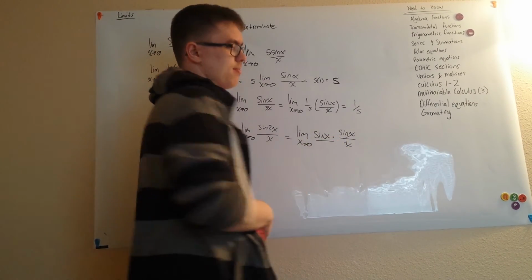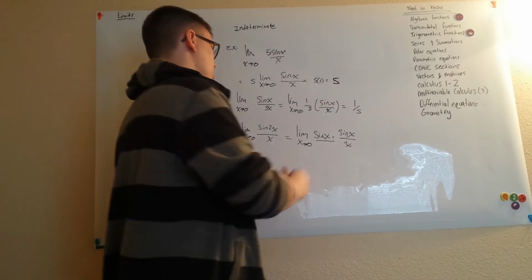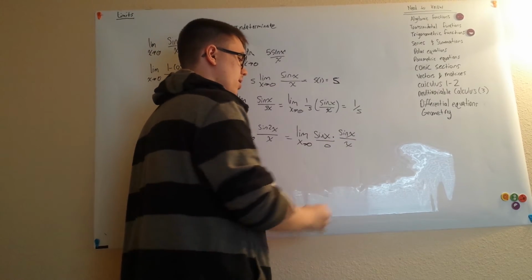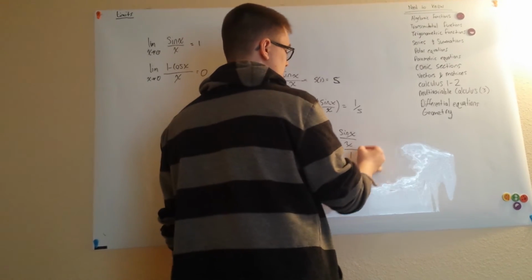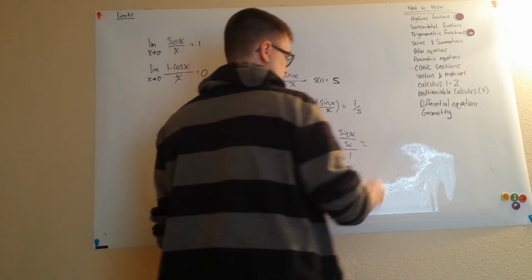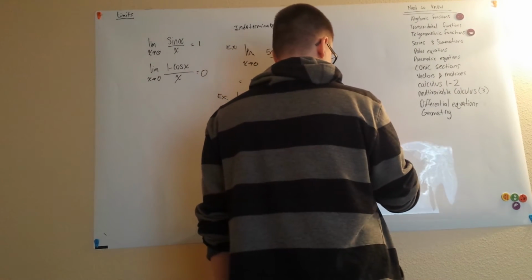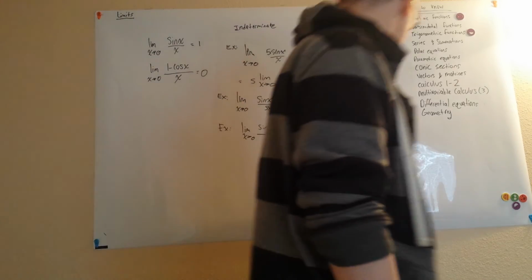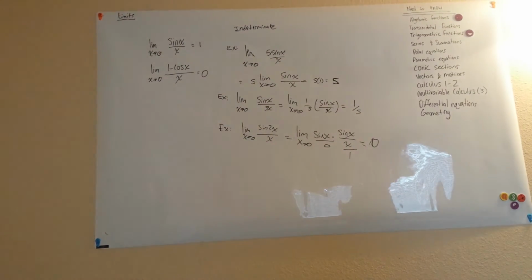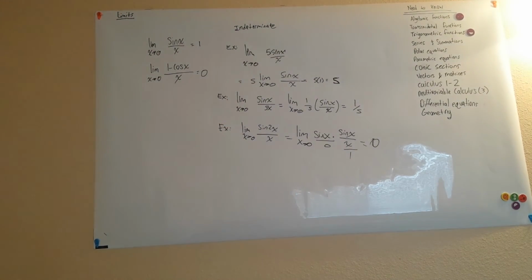This limit is going to be 0. This one's going to be 1. So it's 0 times 1. That equals 0. Remember the properties, you can separate limits by multiplication.